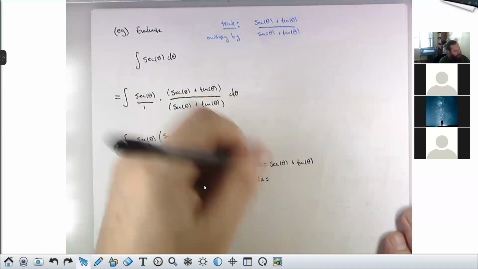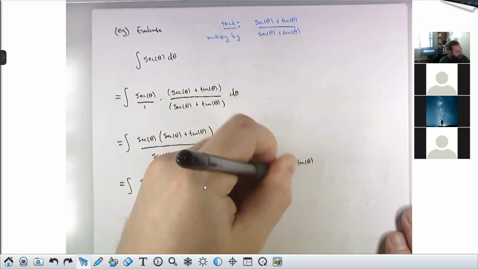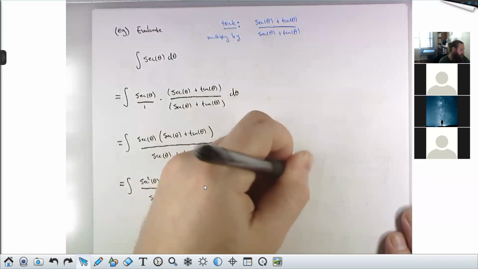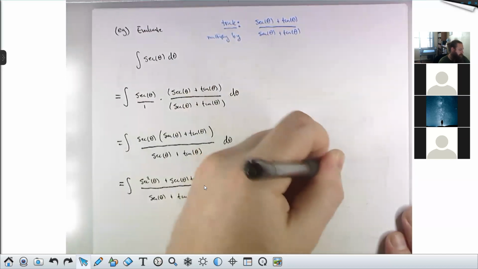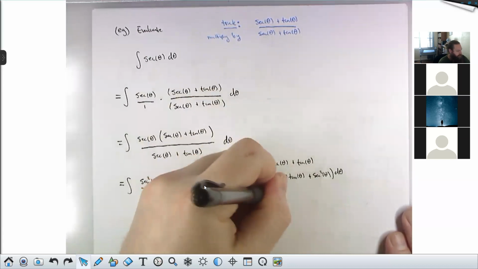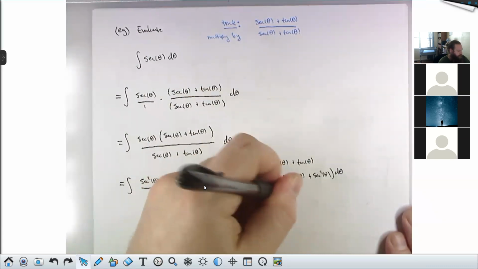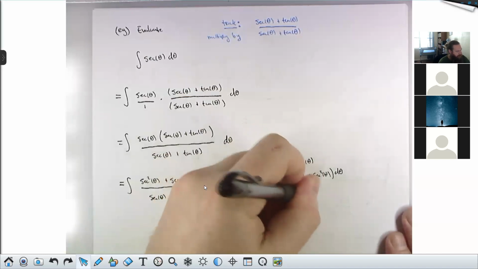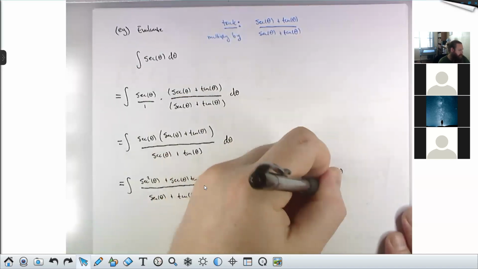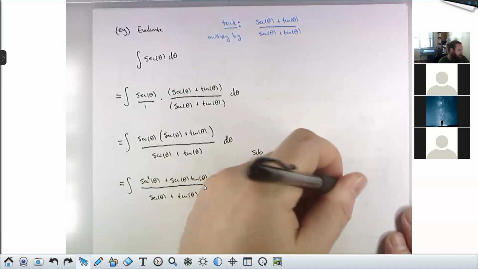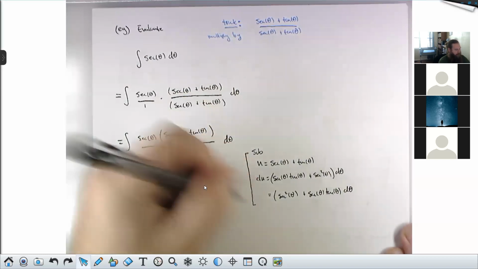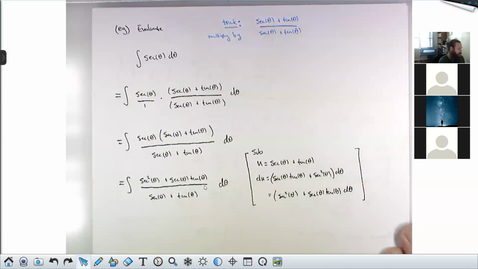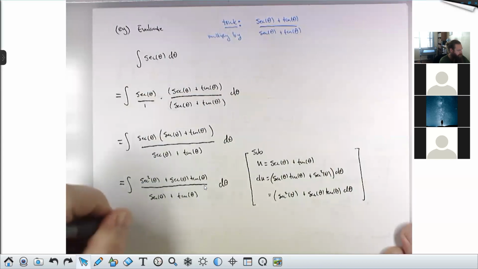Because that means du is going to be secant theta tangent theta plus secant squared theta all times d theta, which is the same as, I can change the order of addition in there, no problem, secant squared theta plus secant theta tangent theta d theta. So what do I get?